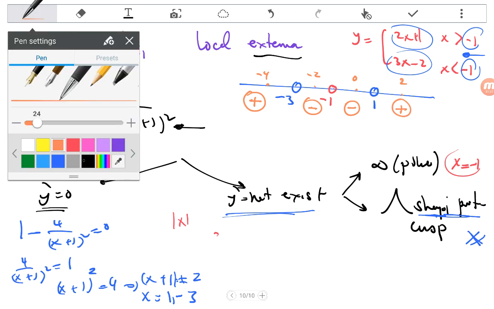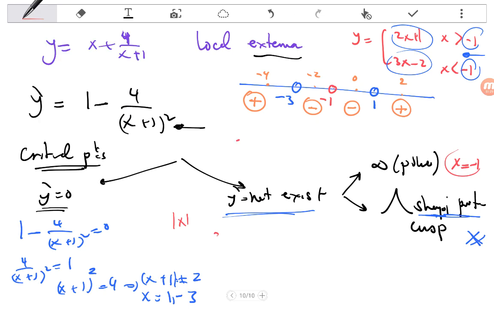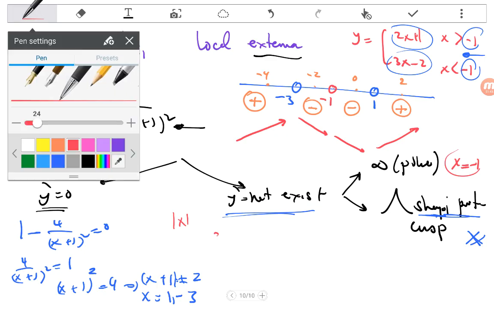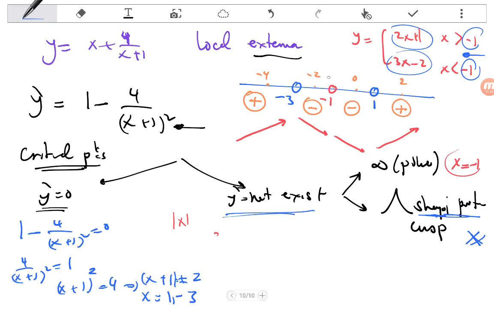So this function is increasing, then decreasing, then continues decreasing, then increasing again. Okay? Now, if it was decreasing, then increasing, would it be a local maximum or a local minimum?